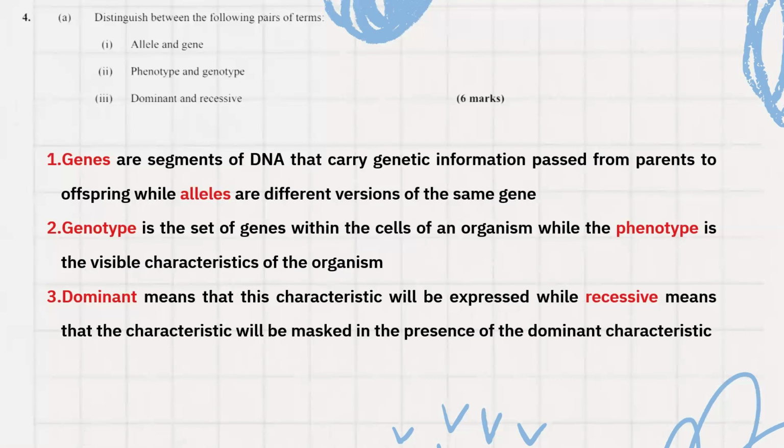Going with Mendelian laws, once the dominant trait is there, the recessive trait is going to be masked. The only way we will see the recessive trait is in the absence of the dominant trait. So that's 6 marks right there.